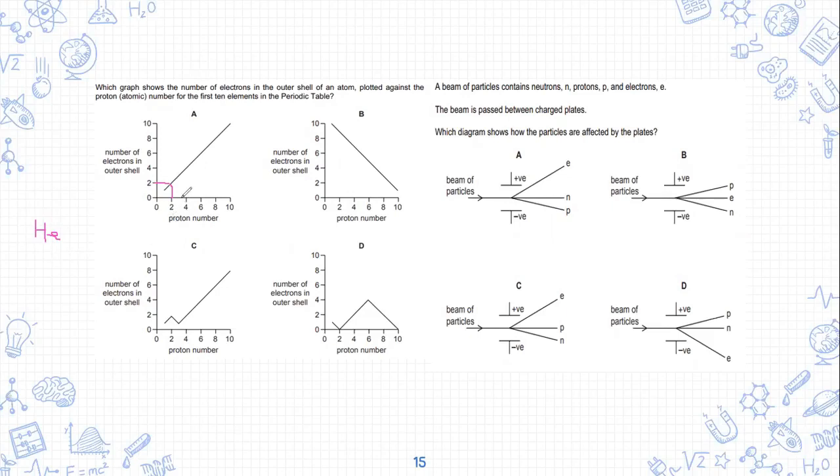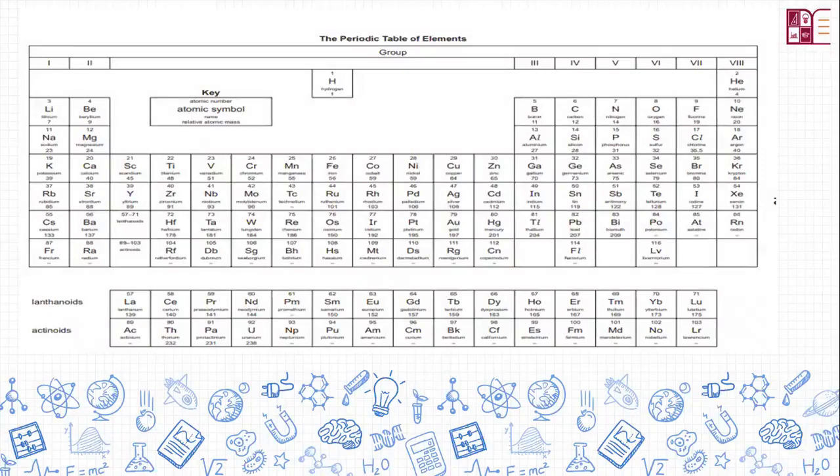Then if I talk about beryllium, coming to my periodic table first, I'm going to show it to you. Yes, here. First we have hydrogen, the next we have helium, then we have lithium. Now lithium is proton number 3, beryllium is proton number 4. Lithium is in group 1.